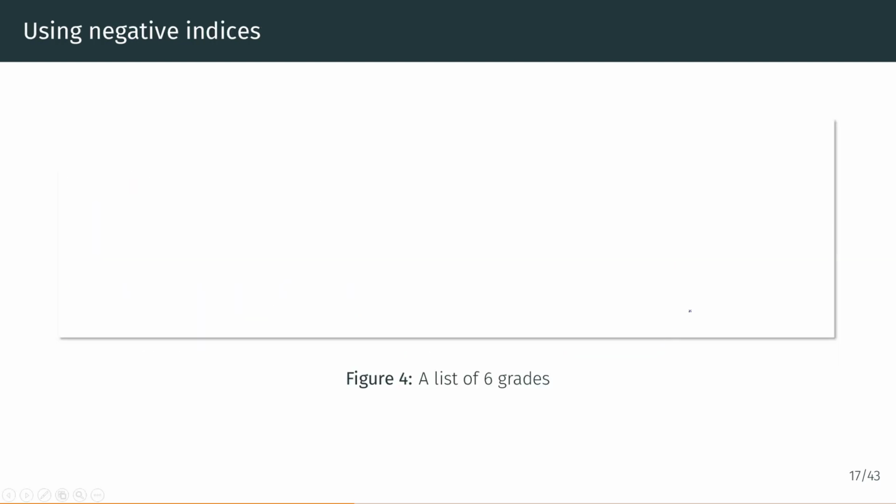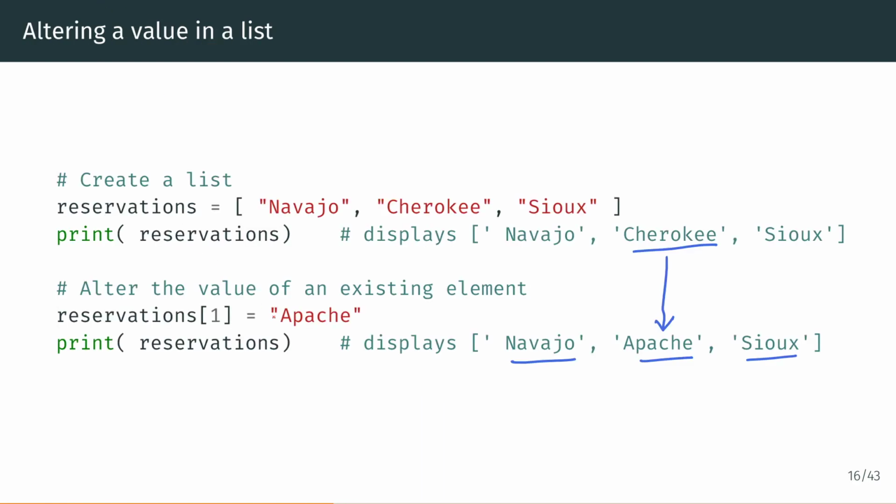Now, one of the things that Python lets you do, and you may not find this feature in some other programming language if you are well versed in one, is use negative indices. Okay, so previously we have seen indices which are 0 or more, right?